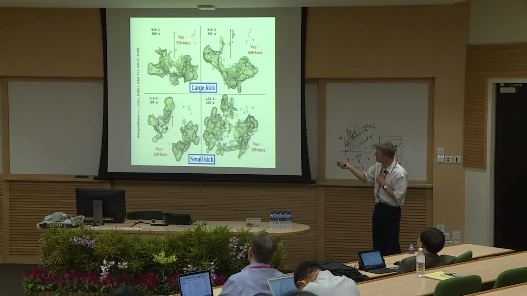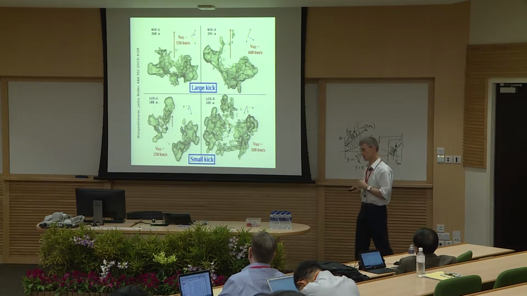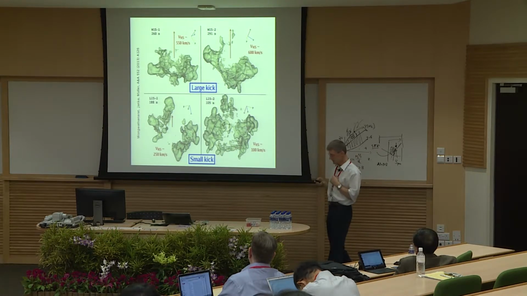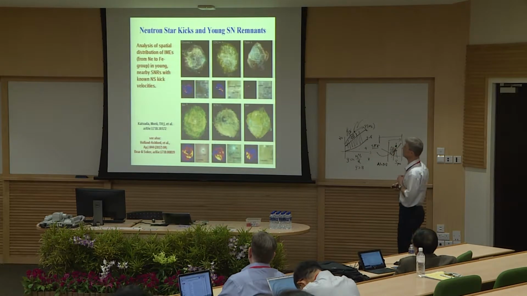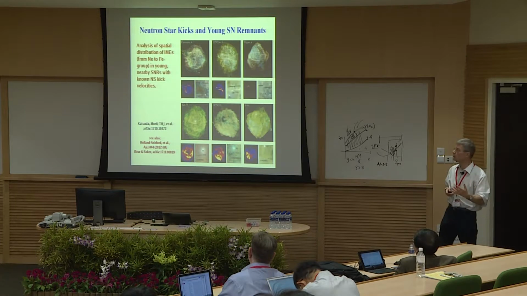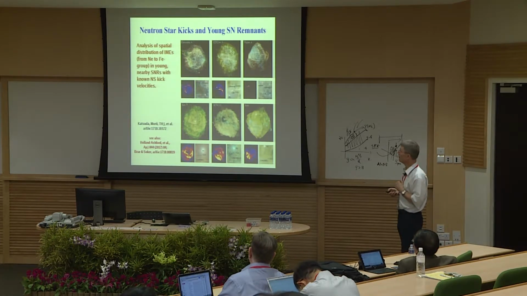For small neutron star kicks, here's the arrow for the kick direction, the distribution of these innermost nucleosynthesized material is much more symmetric. This has been used as a motivation to look at supernova remnants.